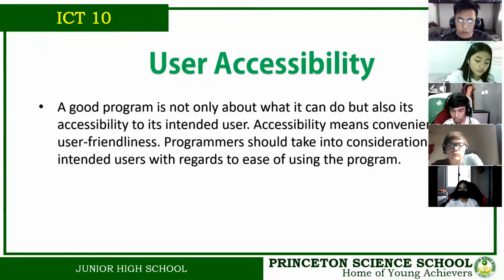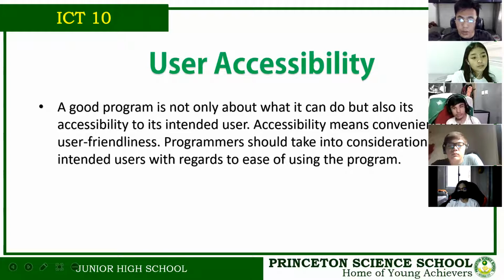Are all the controls labeled? Do they know what is the first thing that they should do when they open the program? That is what it means for user accessibility. Programmers should take into consideration its intended users with regards to ease of using the program.